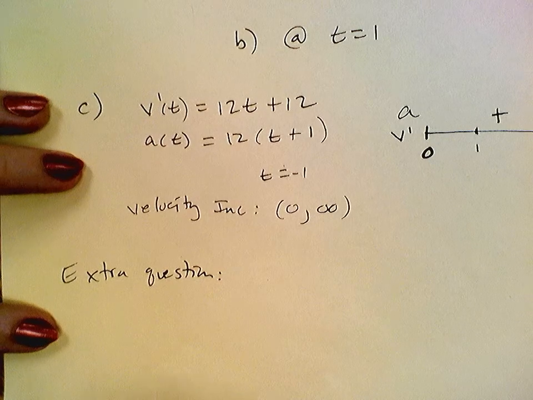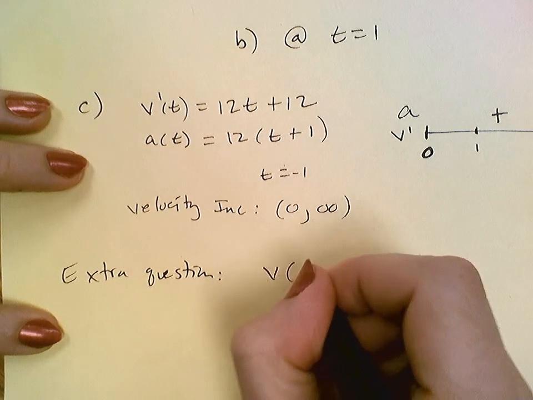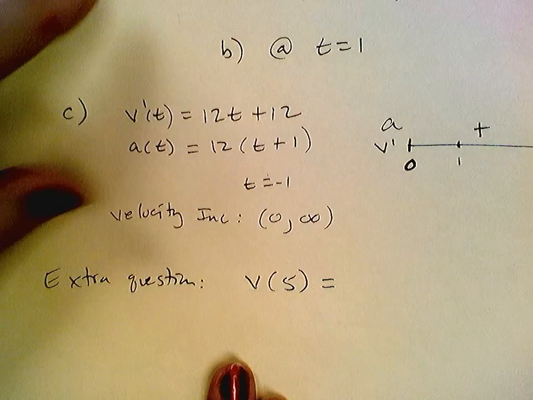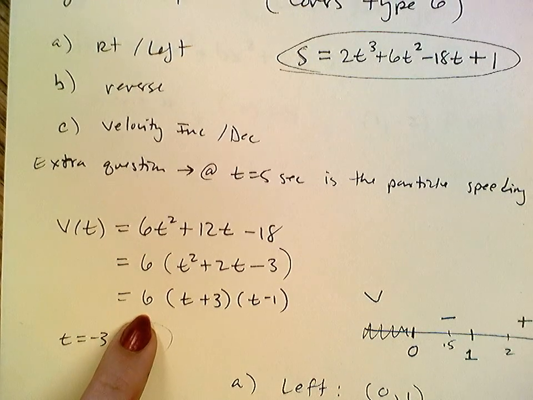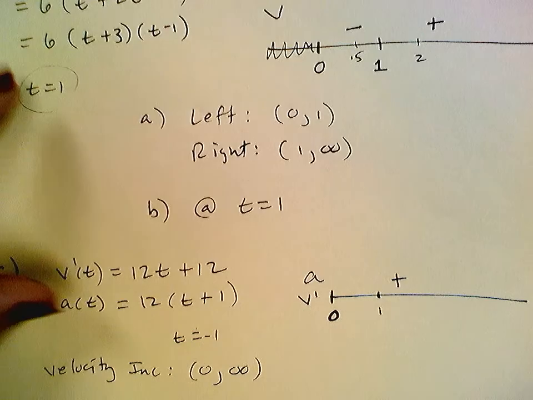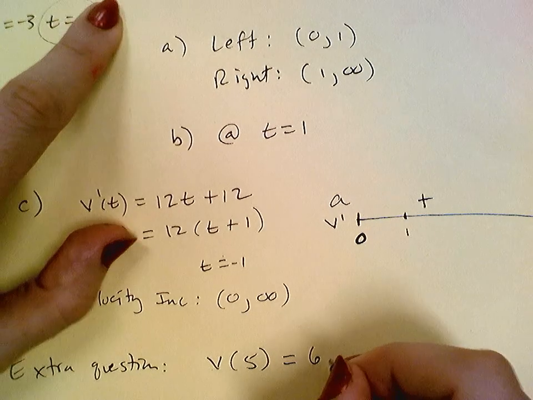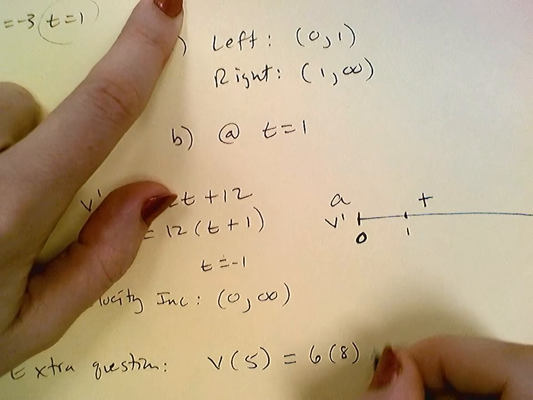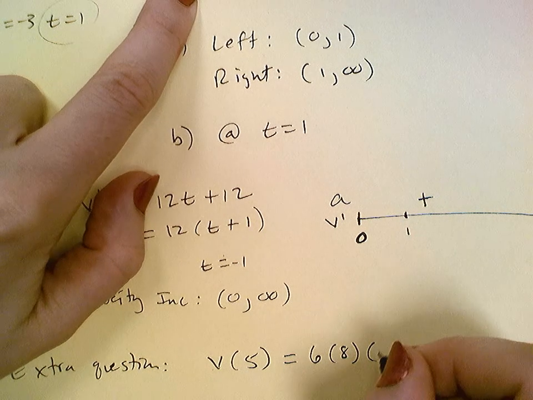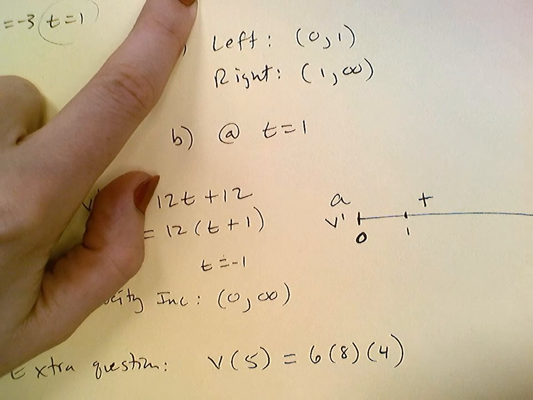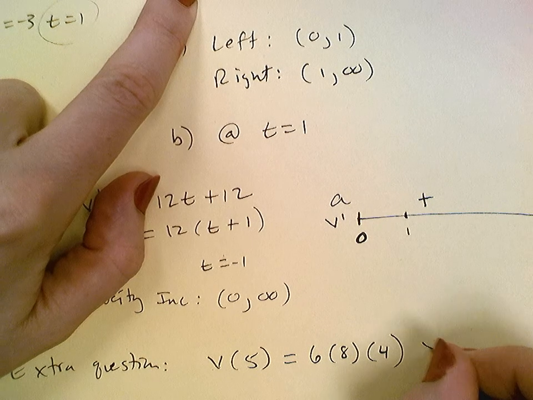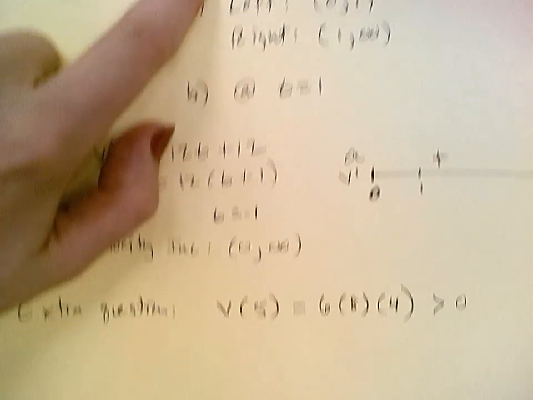Okay, so the velocity at 5 is equal to, all right, so this is the velocity function that I already found. I'll use the factored form, is equal to 6 times 8 times 4, which is some number greater than 0.